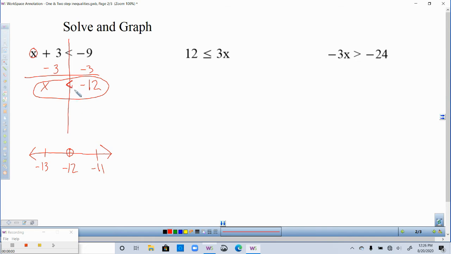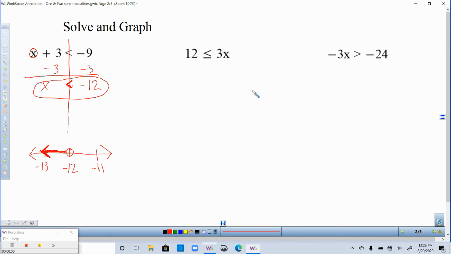So when I say it's pointing, they think of an alligator eating the 12. No, I need you to think of this as an arrow, not an alligator. And it is pointing to the left. So we're going to draw an arrow, and we're going to shade to the left, like this right here.